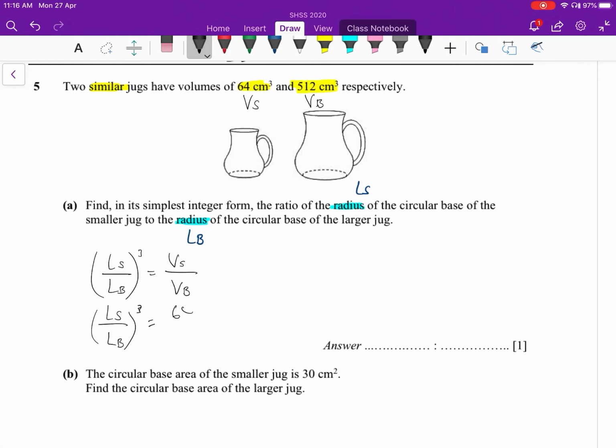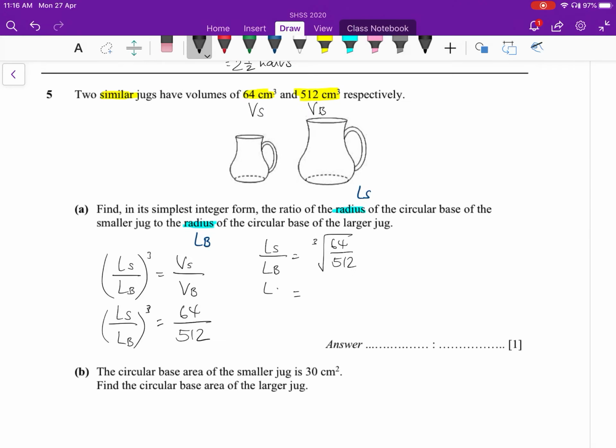Okay, and this is 64 over 512. All you just need to do is cube root. So length of small over length of big is the cube root of 64 over 512.